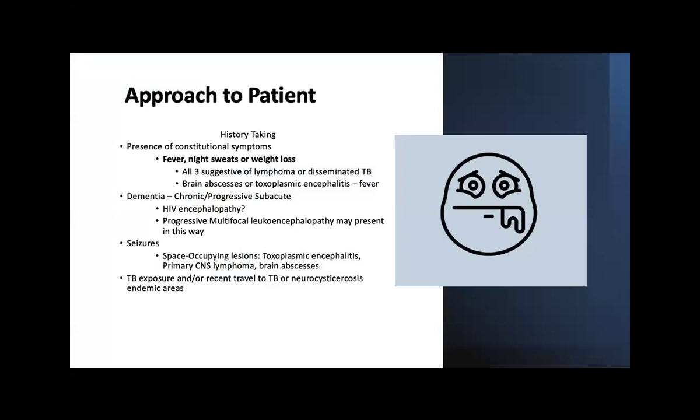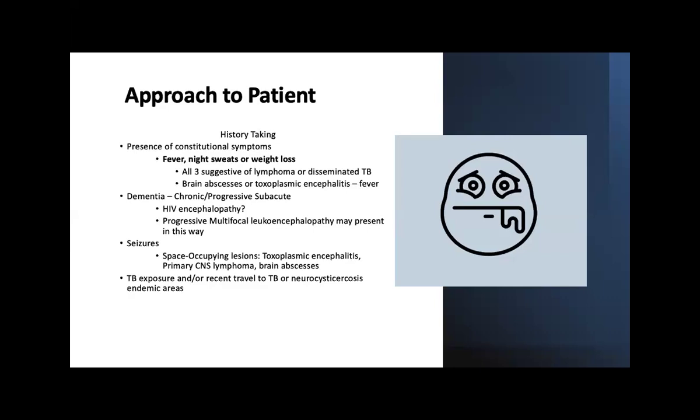You must ask the patient about constitutional symptoms such as fever, night sweats, and weight loss. These would be suggestive of disseminated TB or lymphoma. Brain abscesses or toxoplasmic encephalitis can also present with symptoms of fever. If the relatives or caregiver give a history of an acute or chronic decline in the patient's cognitive state, you can consider conditions such as HIV encephalopathy or progressive multifocal leukoencephalopathy.